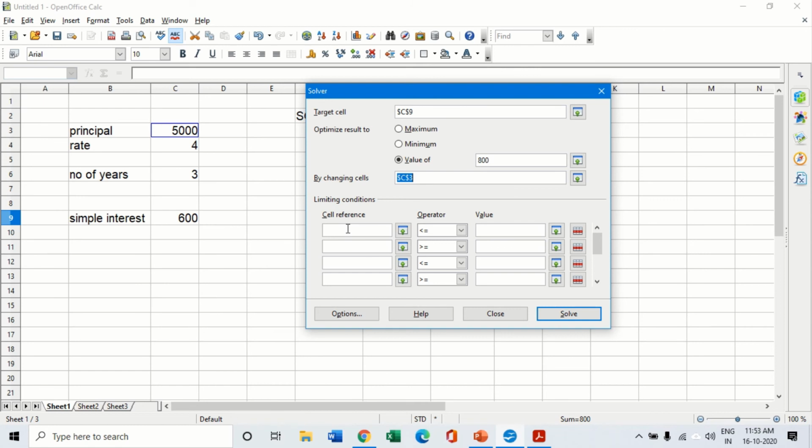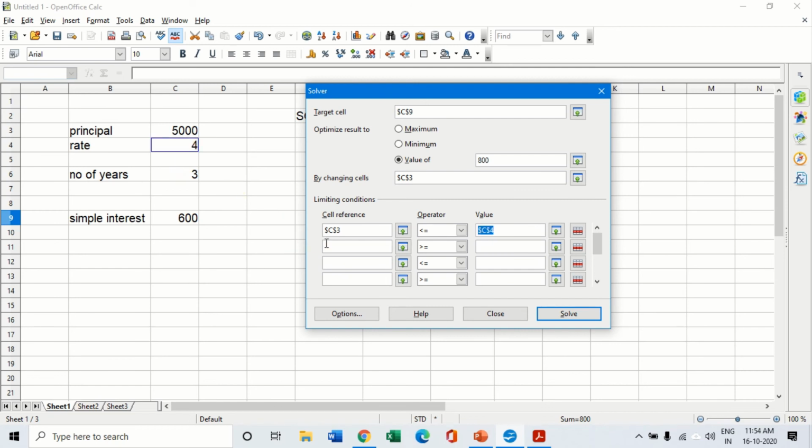Now what are the conditions which I want? I want to say that my principal should be less than or equal to 7,000. Only that much. What is my rate of interest?